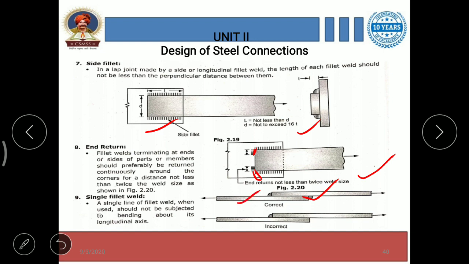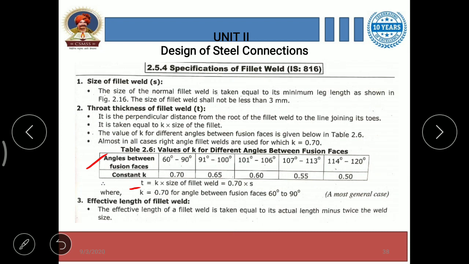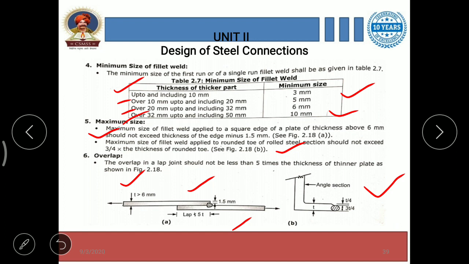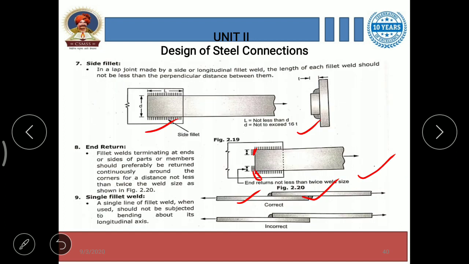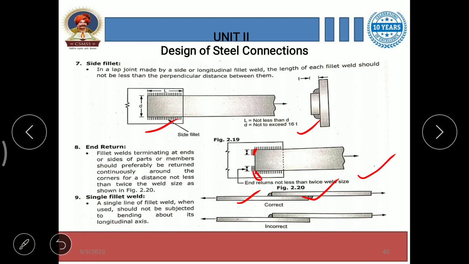These are the specifications we have to remember for the design of welded connections. Remember all these conditions, and the next part we will see in the next lecture.